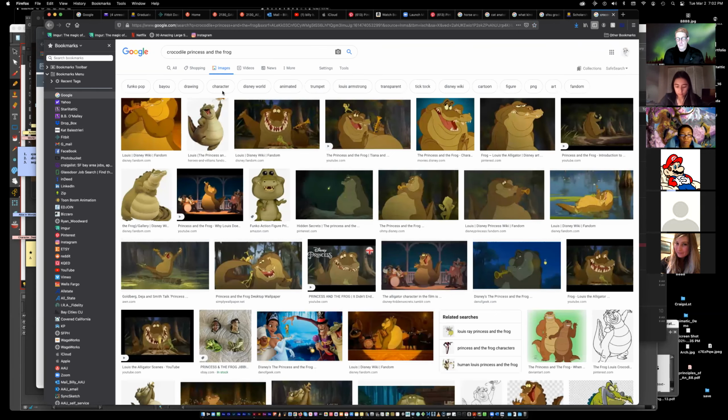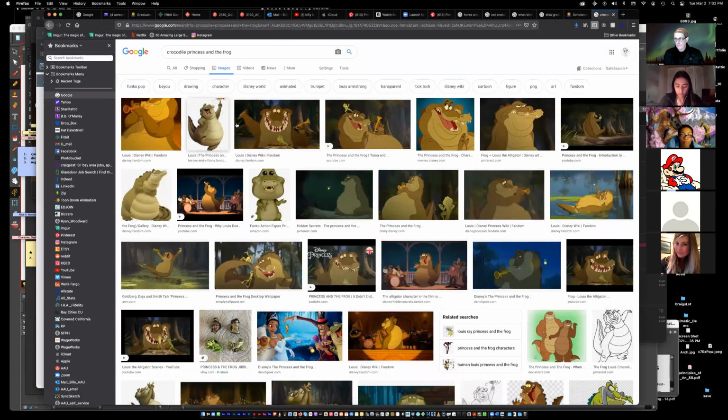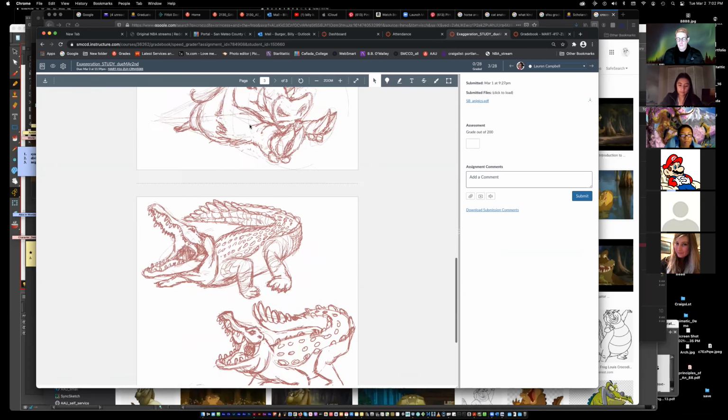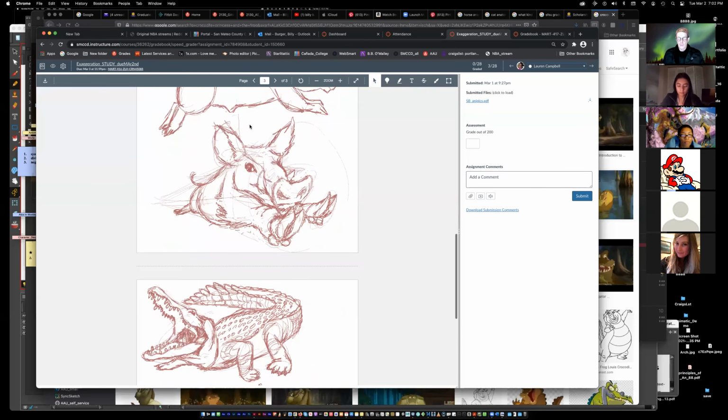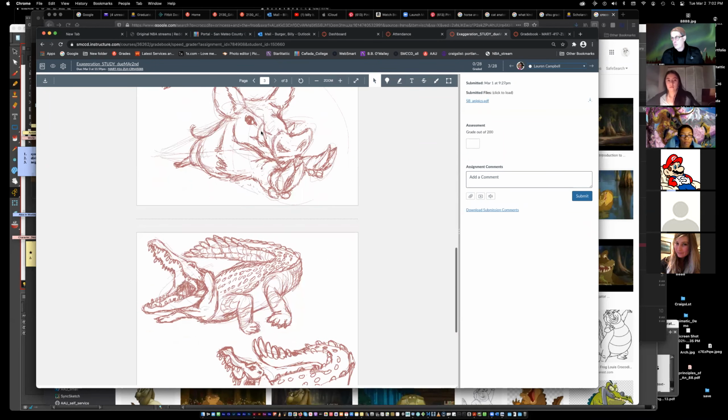As soon as you start pushing it towards the Princess and the Frog, you're like, oh yeah, I see what you're doing. For whatever it's worth, I think you've got the right idea, and you presented that you've got the right idea in the first two. I think that a crocodile is just really hard. All right, thank you, Lauren.